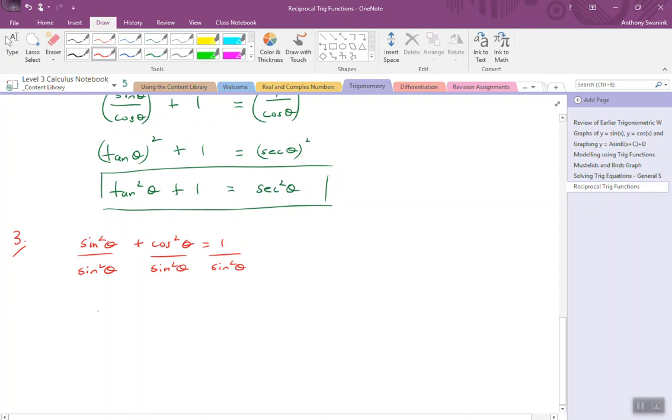So this sine squared theta divided by itself would be a 1. Cos theta over sine theta all squared, and 1 over sine theta all squared. Now, this cos over sine. Well, we know that sine theta over cos theta is defined to be tan theta. We've proven that above.